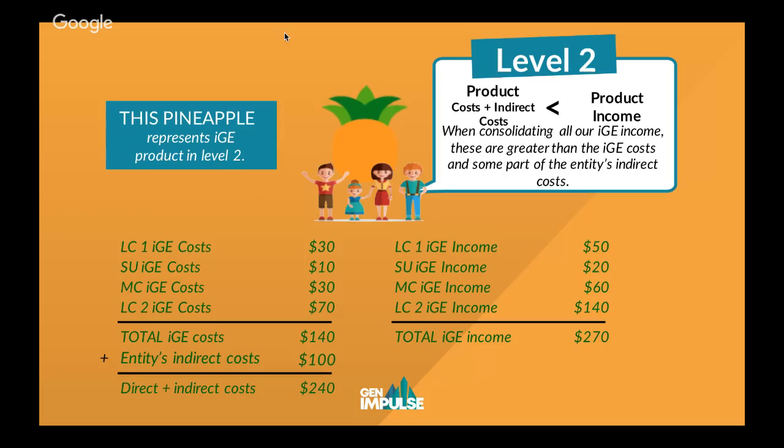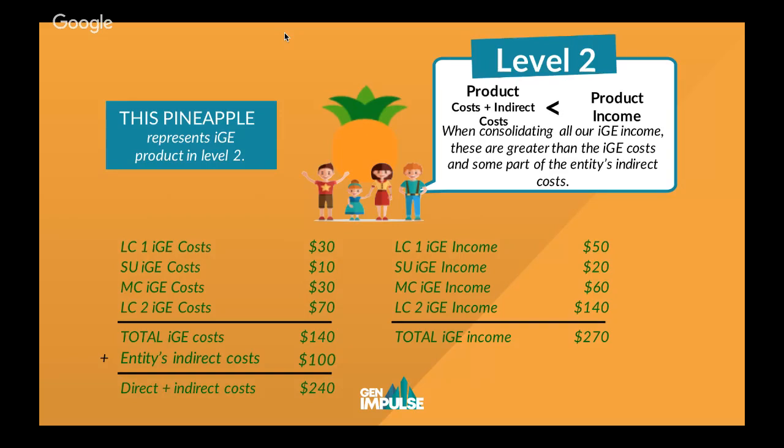Take, for example, the rent for an office. It's an indirect cost because you cannot just say I'm paying for my office from all the money I'm getting from IGE. No, this needs to be equally distributed across your products according to a couple of different factors.